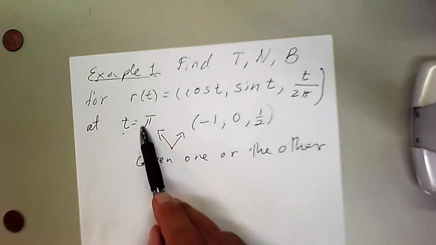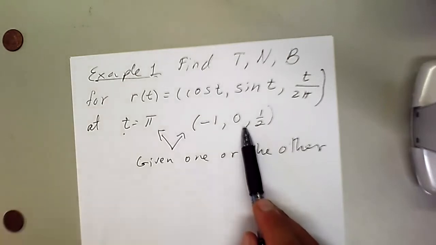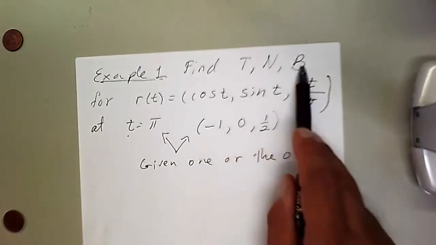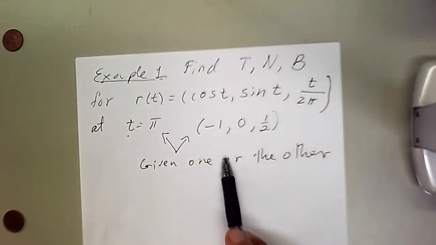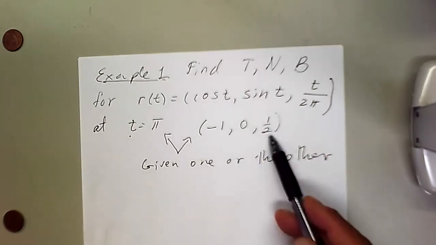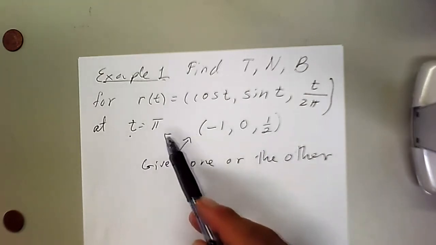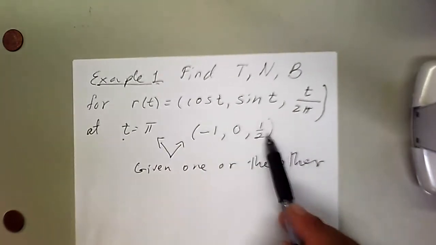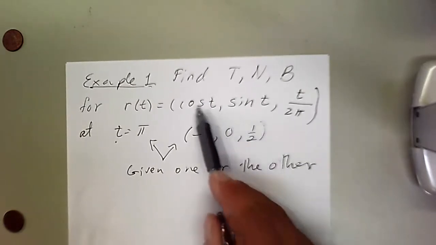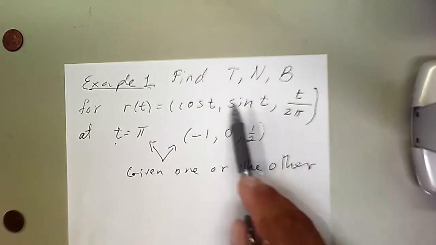If we give you t, it's not a bad idea to know what this is, but for purposes of simply finding those vectors, you wouldn't need to find that. But if we give you the point, then the problem becomes more complicated because we have to add the figuring out of t. How difficult that is depends on the formula we're using.